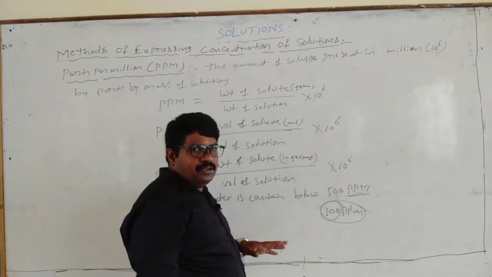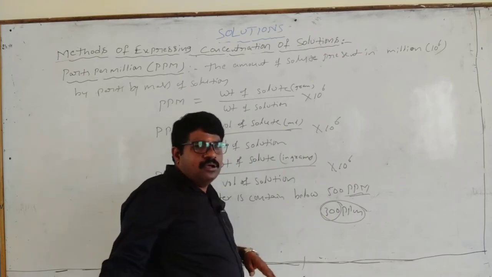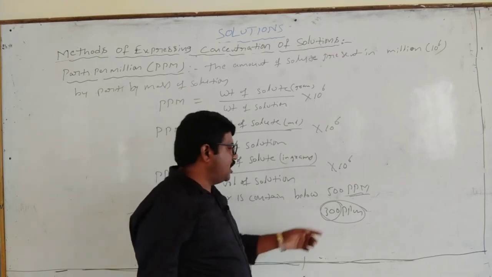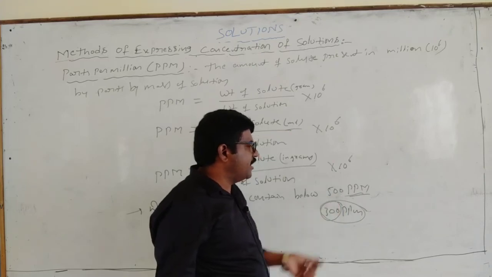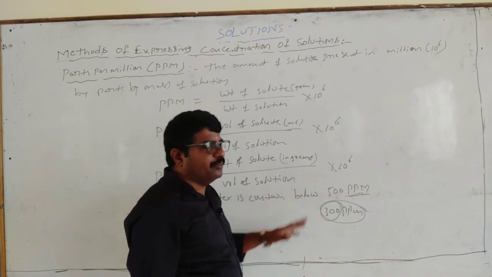In the reverse osmosis, the RO process, 500 ppm is maintained. So below 500 is acceptable, right?